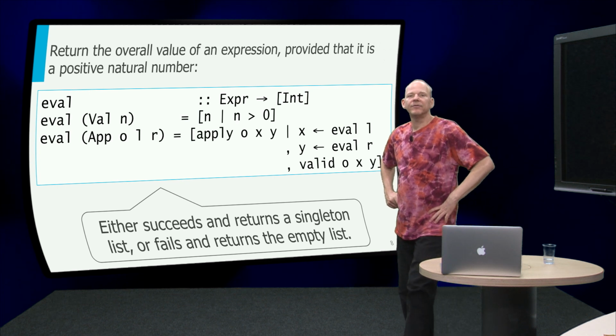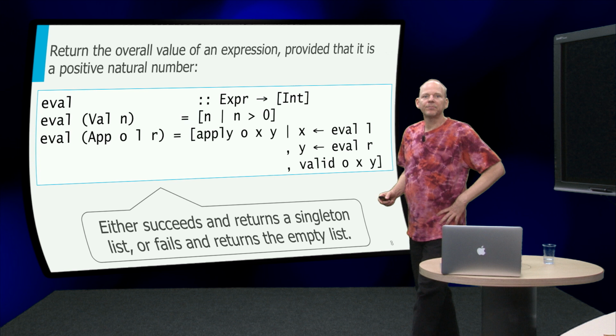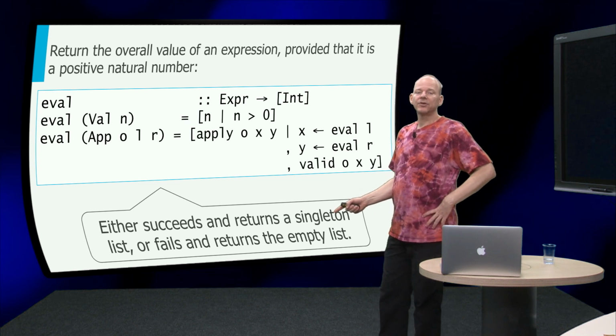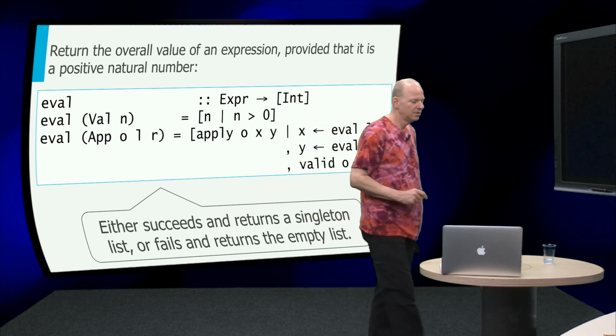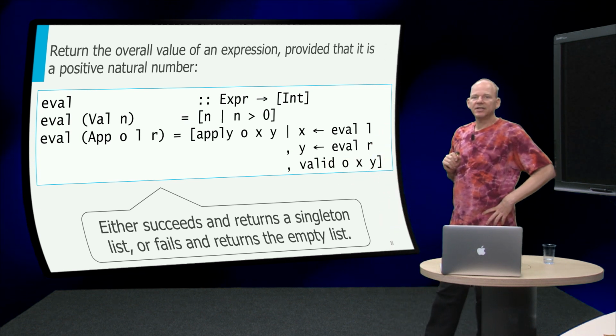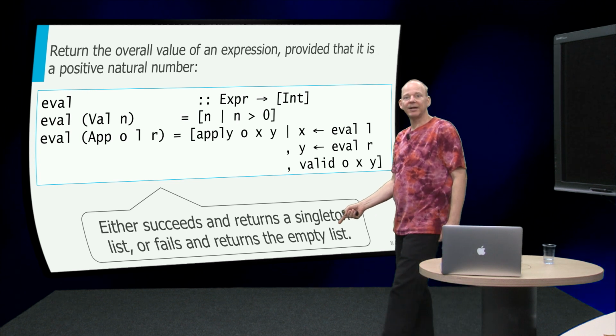So how can we evaluate an expression? Well, we either return a singleton list that contains the value, or when the expression is not valid anywhere inside, we return the empty list.